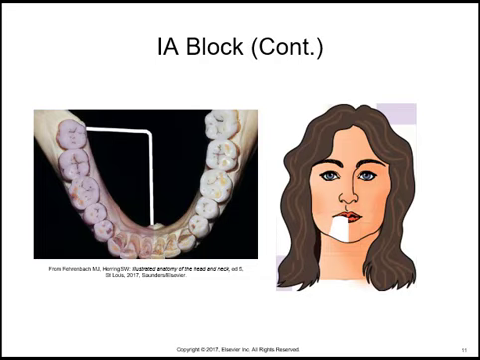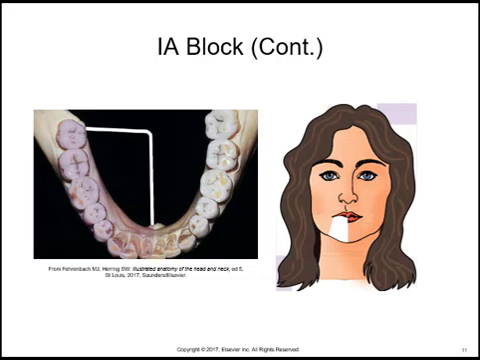So if you're doing one quadrant, all of those mandibular teeth up to the midline on that quadrant are going to be numbed from the IA block, which is why it's one of the most commonly used, or the most commonly used injections in dentistry, because it numbs that whole quad for you, with exception to the lingual or to the buccal tissue near the molars. And so that's going to be where we need to do the long buccal block for anesthetizing that area.